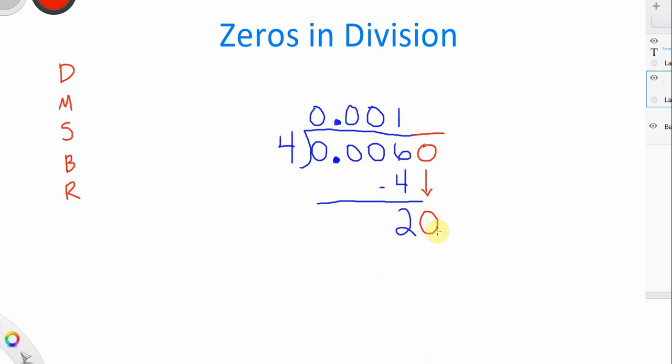If you know your timetables well, 4 fits into 20 5 times. And 5 times 4 is 20. And so now we have no remainder, and that's ideal. That's what we want to go for. And so our answer then is 15 ten-thousandths. So don't forget, if you have a remainder, add a 0 to your dividend, and you can keep on dividing.